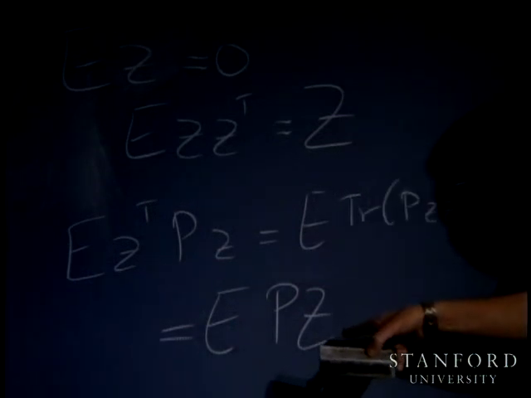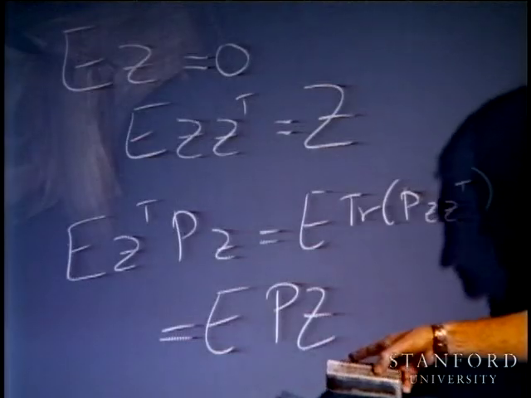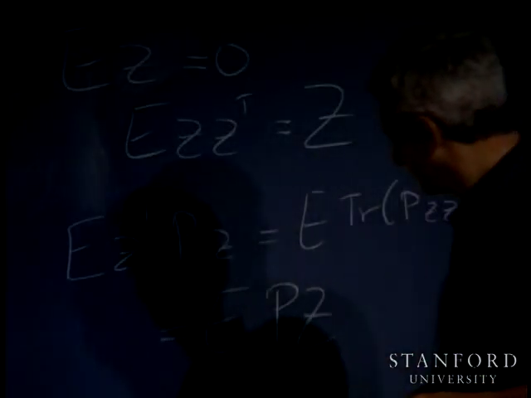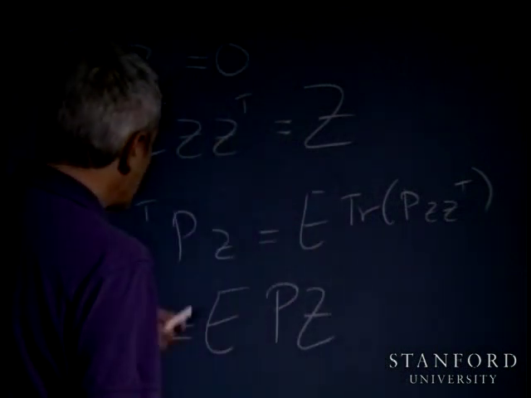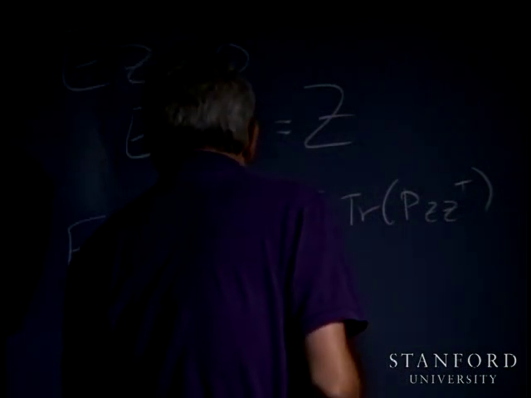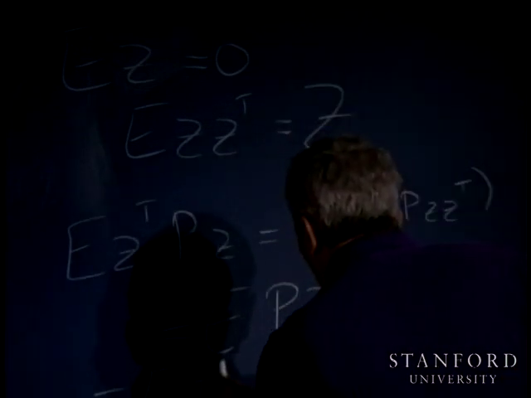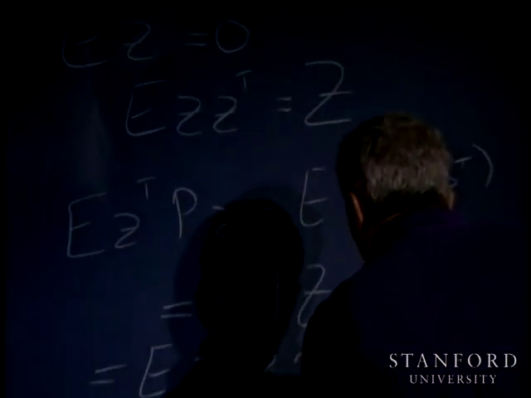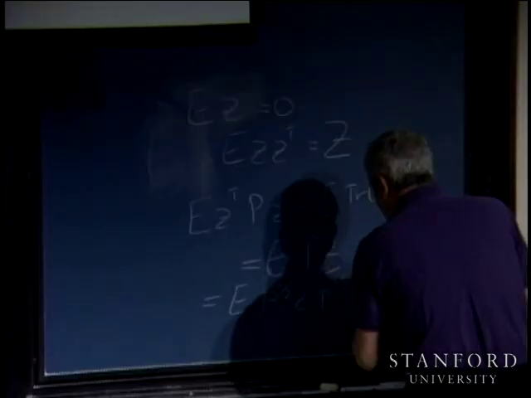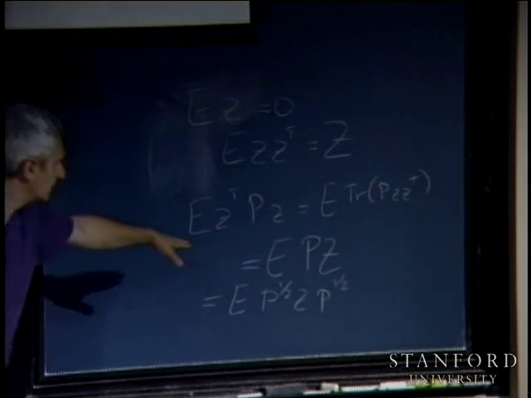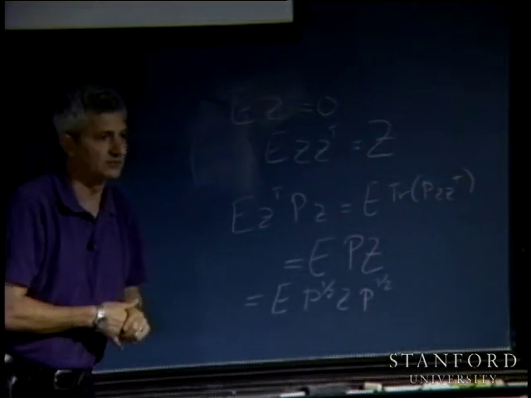People write it down that way. That's perfectly good. Everyone understands what this is. But probably there are better ways to write it. For example, this is probably a better way, a pretty symmetric form. It won't matter, but just for aesthetics.